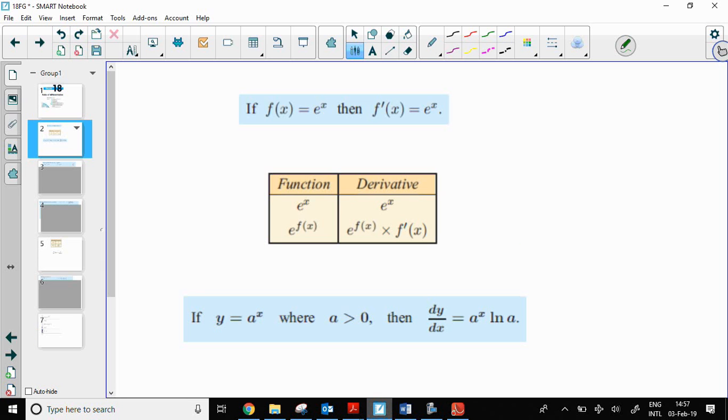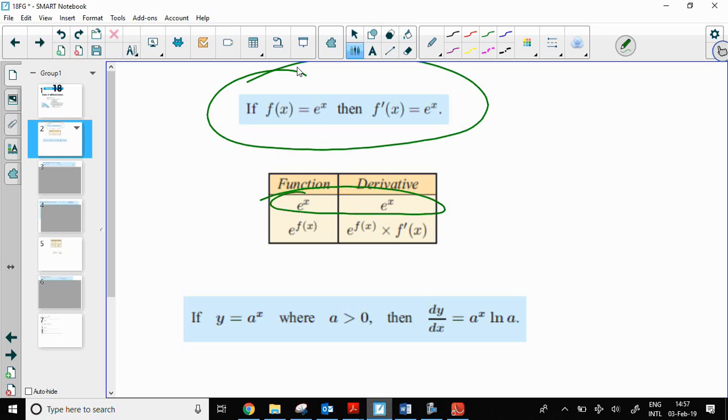So rule number 1, this is in the data booklet, by the way, right there. The derivative of e to the x is e to the x. There it is again. What's not in the formula book is this right here. So we need to remember that every derivative rule we learn, we need to extend it for the chain rule.